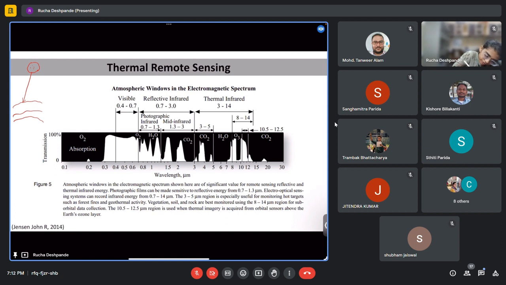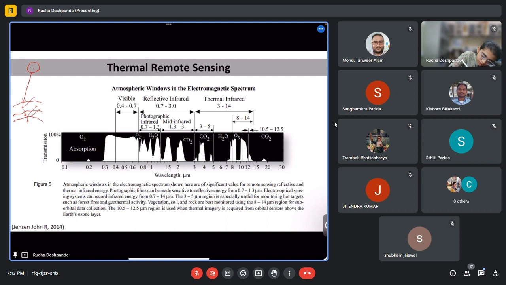So here, some of it gets absorbed, some of it gets reflected, some of it gets reflected back to Earth's surface. Then here, it might get reflected or absorbed, and then after a while, it will get emitted.